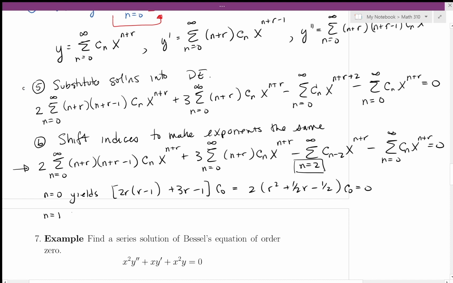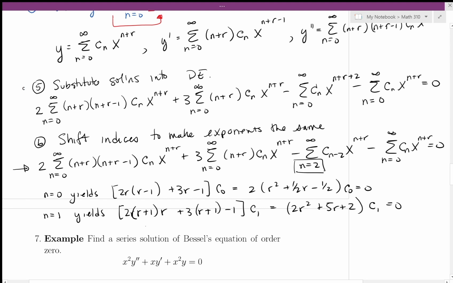Now the n equals 1 solution gets you this here, 2r plus 1 times r plus 3r plus 1 minus 1 times c1 equals 2r squared plus 5r plus 2 c1 equals 0.